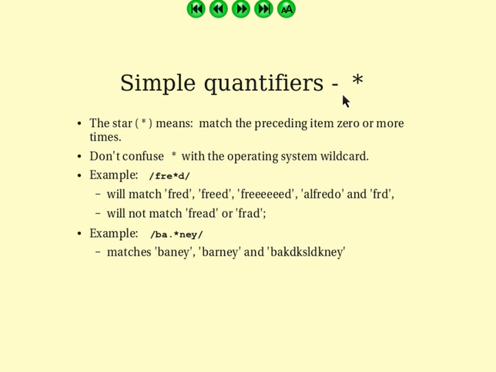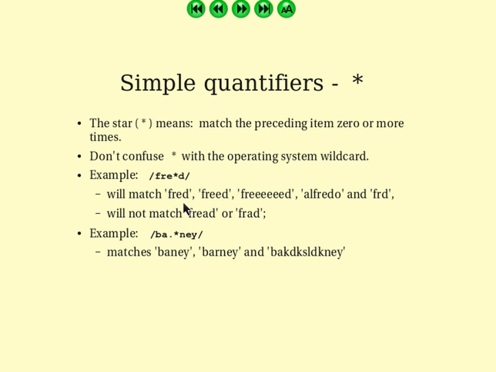Simple quantifiers. So now we have these patterns, like the dot or the letter A, and we can quantify it. So the first quantifier is the star, which means 0 or more of the preceding element. So FRE*D is an F, an R, and then 0 or more E's, and then a D. So Fred matches.